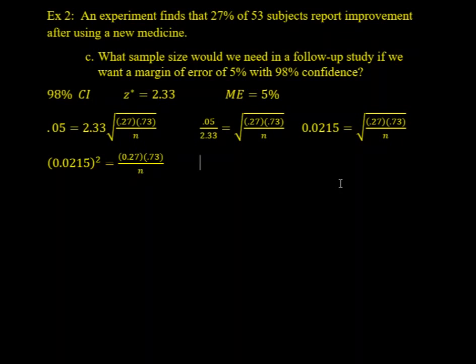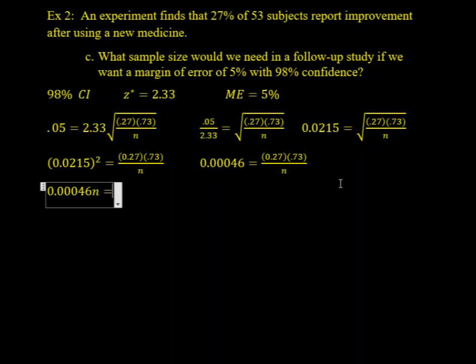And we get 0.00046 equals 0.27 times 0.73 over n. Now we're going to move some stuff around, move that n around. 0.00046n equals 0.1971.